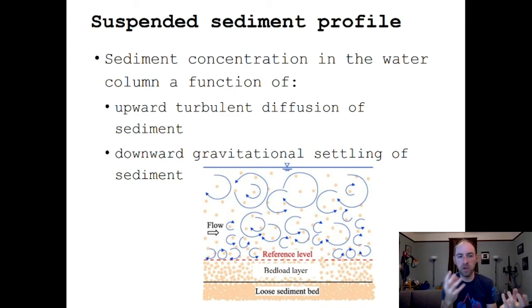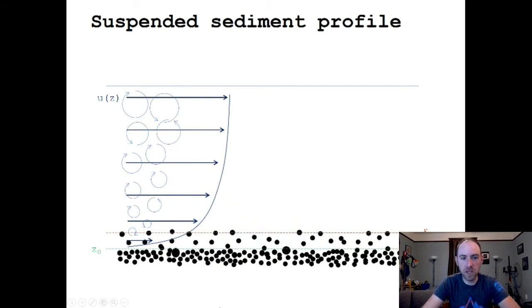It's those two things in competition that determine what concentration of sediment you have at what level of the flow, okay? And so we can sort of heuristically derive what that profile might look like in a suspending fluid, if you will.